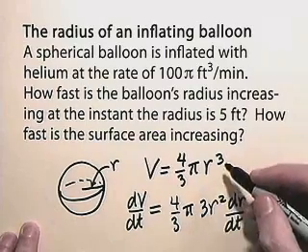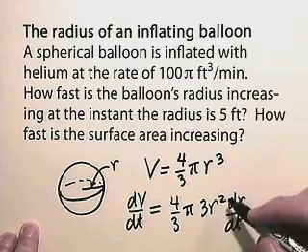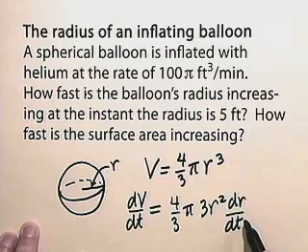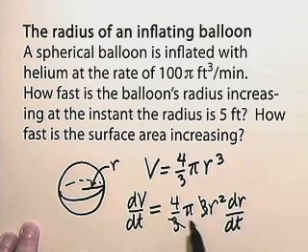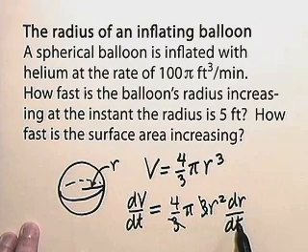Remember, the derivative of r cubed is 3r squared with respect to r, but we're differentiating with respect to t, so we have to multiply that by the derivative of r with respect to t. R is some function of t, and we don't know what it is. However, notice the 3's cancel, and so what we're left with is dV/dt is 4 pi r squared dr/dt.